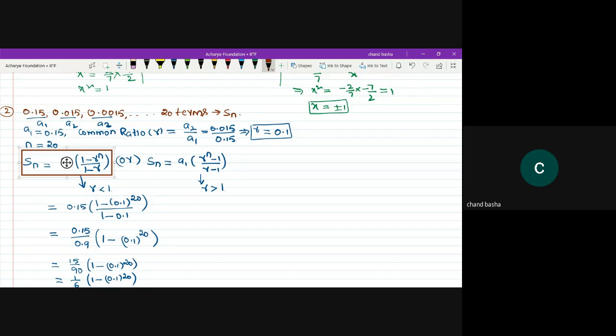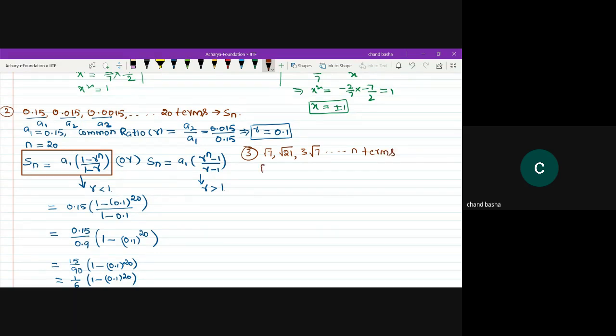Question number 3, next problem. Can you do this, guys? Let us do this problem. Same again, root 7, root 21, 3 root 7, and so on, n terms.